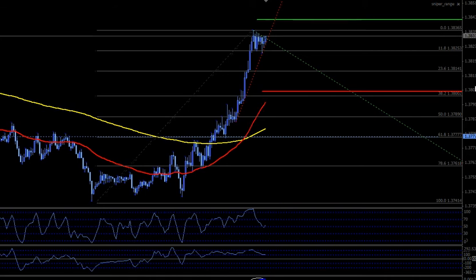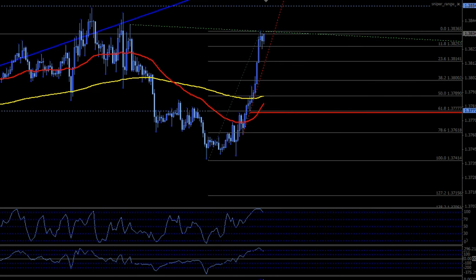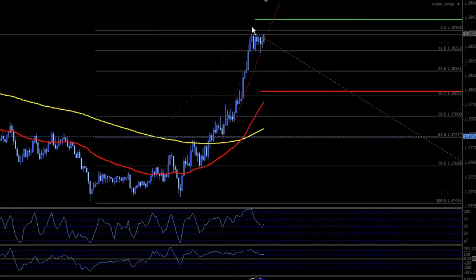And another way you can get yourself into a trade if you've missed it is watch for bull flags to form on these smaller time frames. Possible bull flag forming here, 15-minute, not yet. But on a 5-minute chart, we're seeing a bull flag here. But that's a lot more risky than waiting on a pullback.